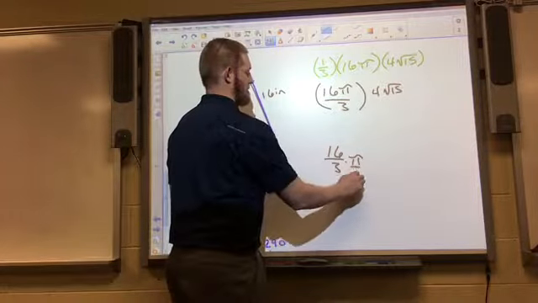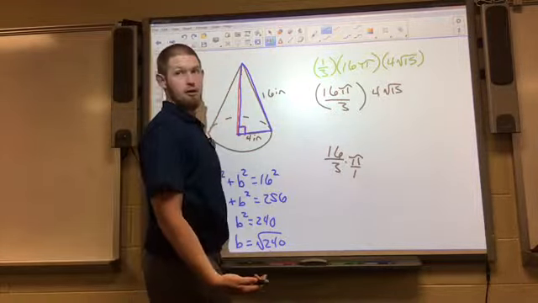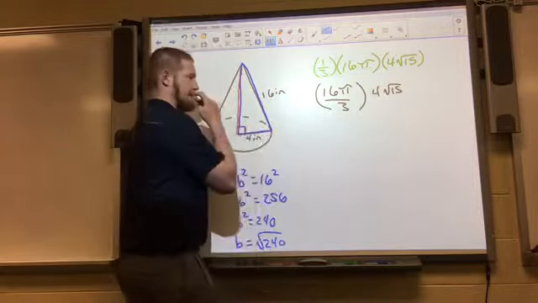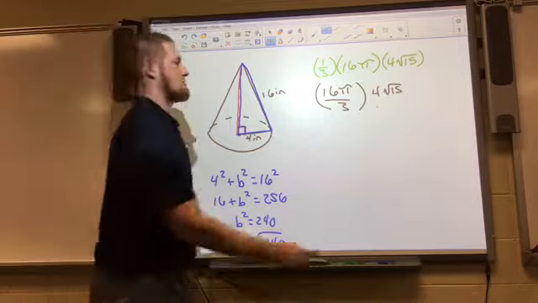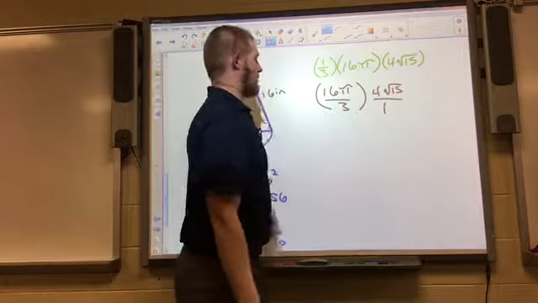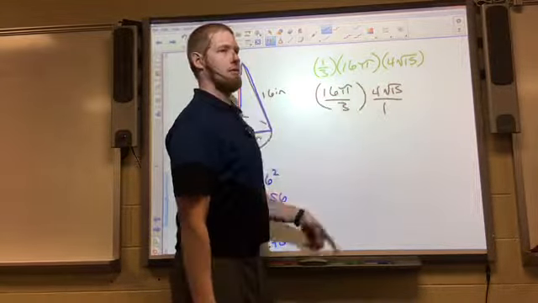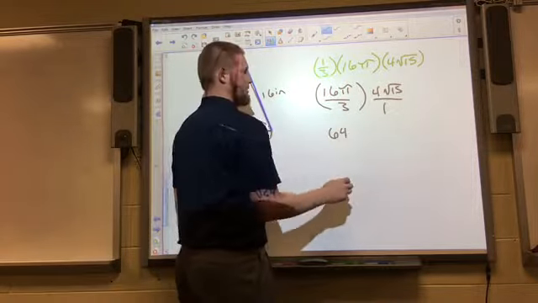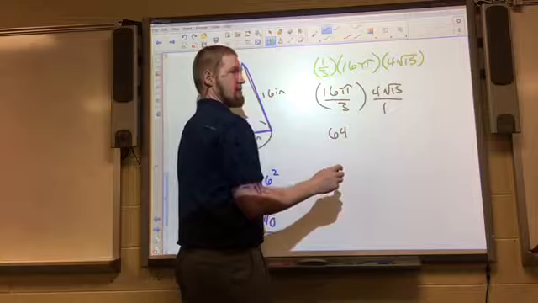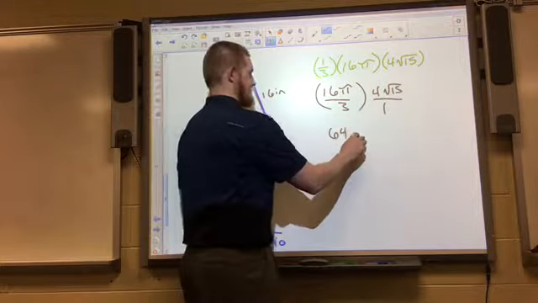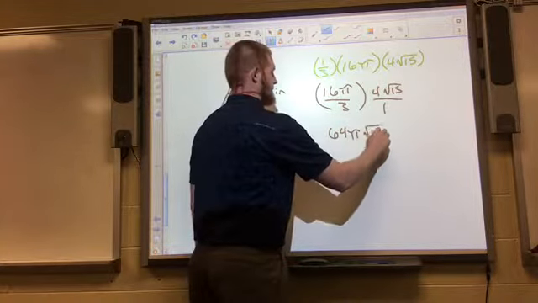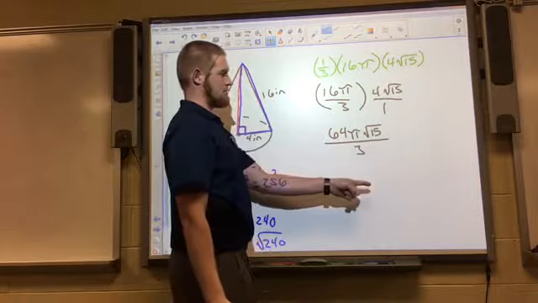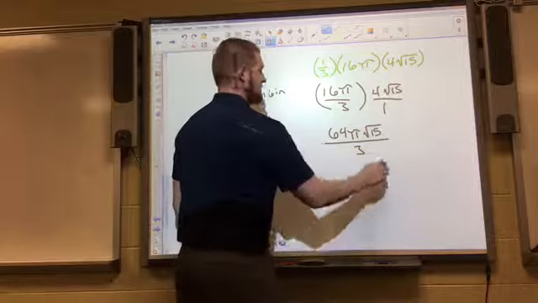Isn't this times pi over 1? So isn't it the same thing? You see what I'm saying? Same thing. Now this is over 1 also. What can I multiply together on top? The 4 and 16, and I get 64. Then let's make sure we write this in the right order. Good. 64 pi square roots of 15 over 3. Can I reduce? I don't think so.